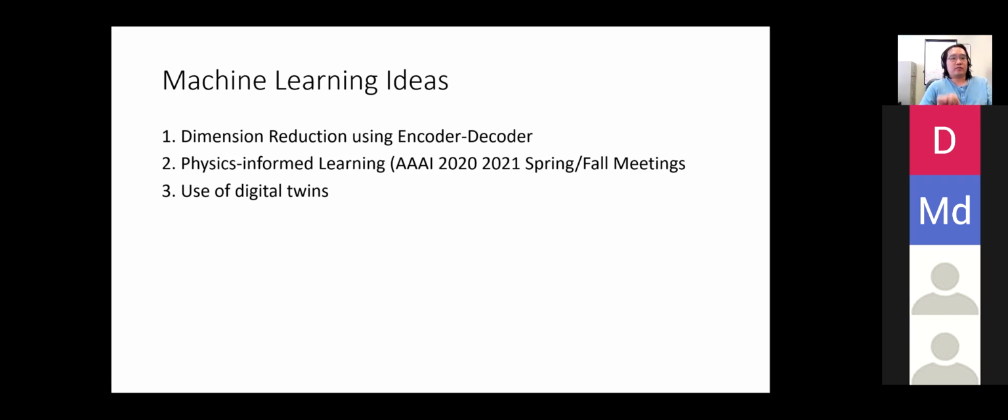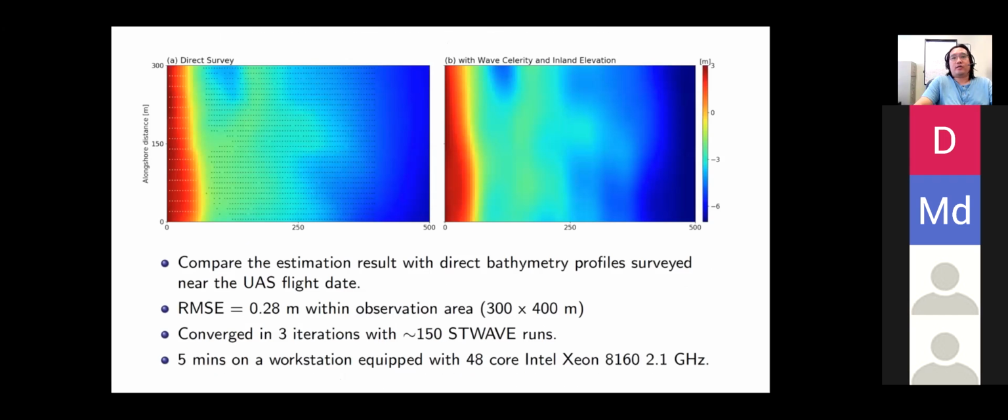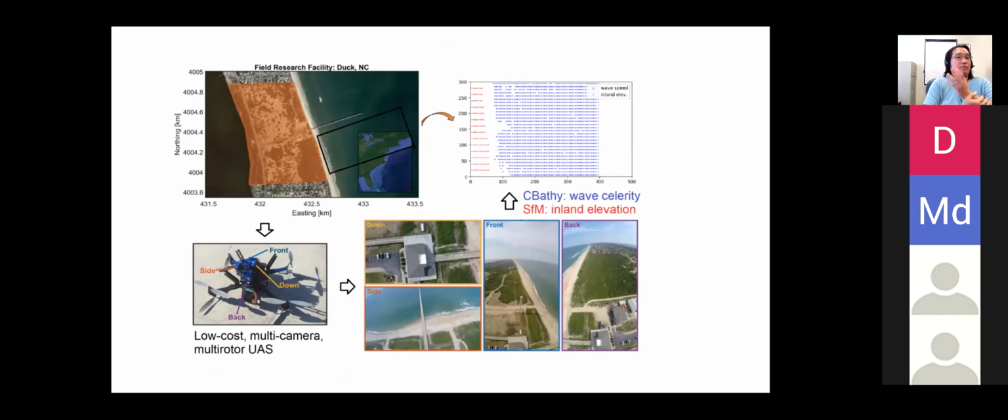And the third one I just briefly want to mention is the use of digital twins. A digital twin is basically when you have some kind of natural phenomenon, like bathymetry problems. In this case, with the traditional inversion problem, we have to do some kind of processing to get a wave speed and inland elevation.